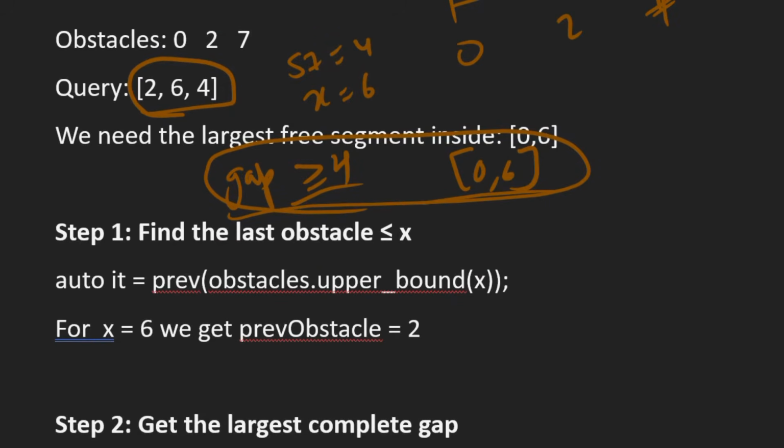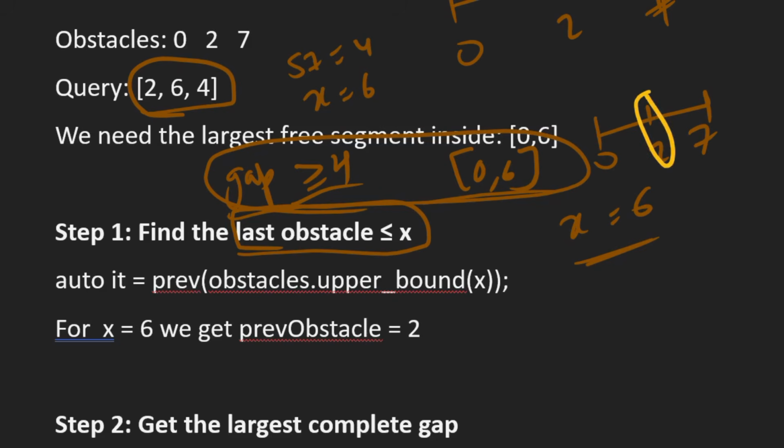So we have x equal to 6. First we need to find the previous obstacle, the last obstacle which is less than or equal to x. Here we have 0, 2 and 7. So the last obstacle which is less than or equal to x will be 2. So we get our previous obstacle as 2, right?